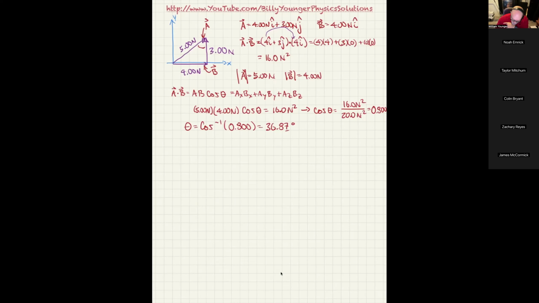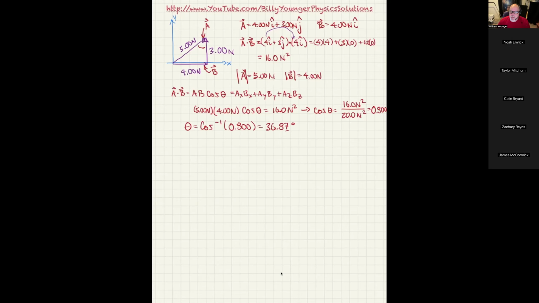You can do that by taking the dot product of the vector that's 3 newtons with the vector that's 5 newtons, and then you'd get, obviously tail to tail would be a little bit different, but you'd still get basically an estimate of what that angle is, and that would help you. So, anybody have any questions on that dot product stuff?